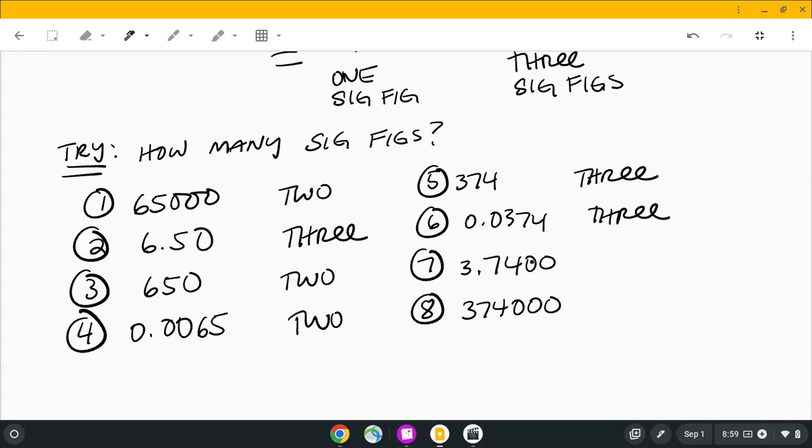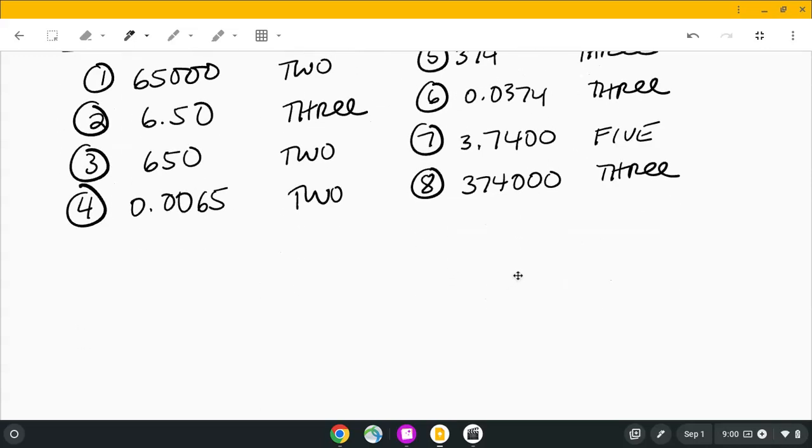Decimal is present, trailing zeros count. So 1, 2, 3, 4, 5. Over here, these are trailing zeros, no decimal present. So trailing zeros do not count. So we only have 1, 2, 3. Hopefully that makes some sense.